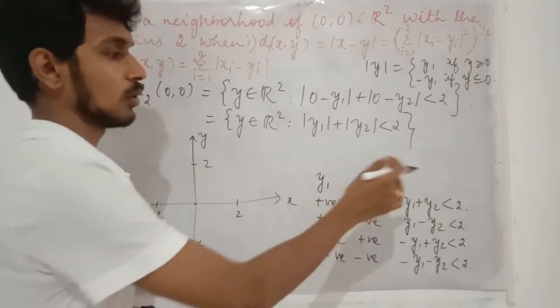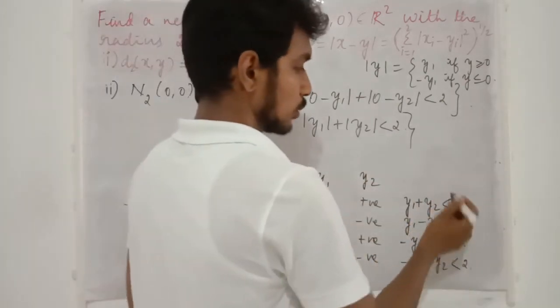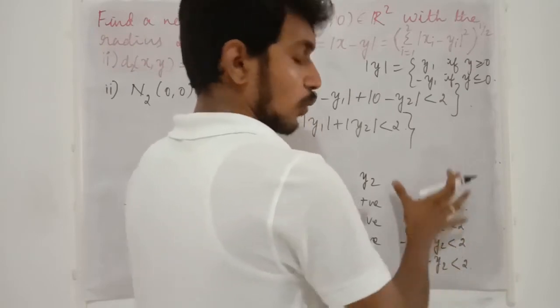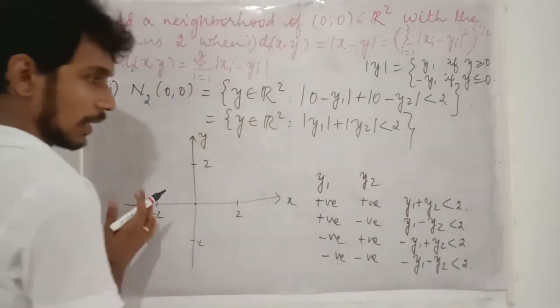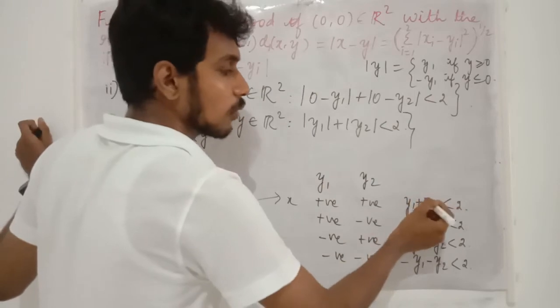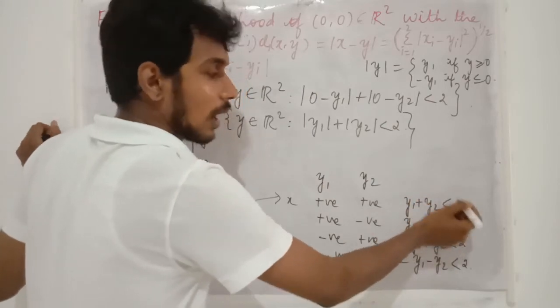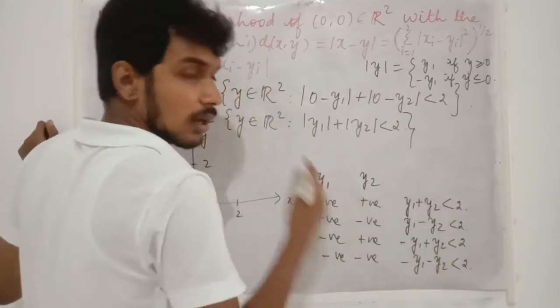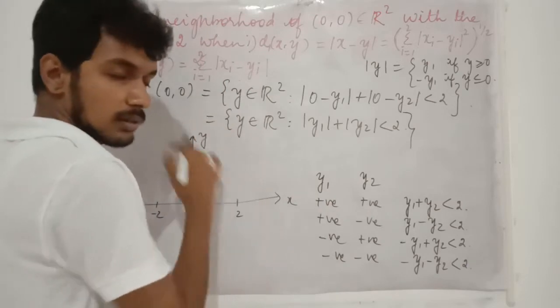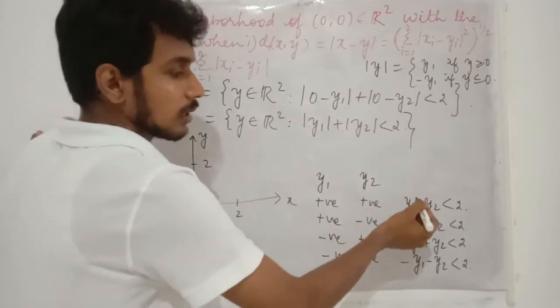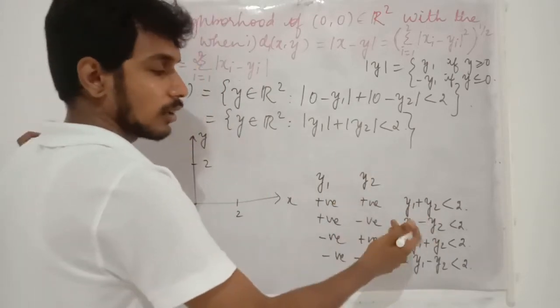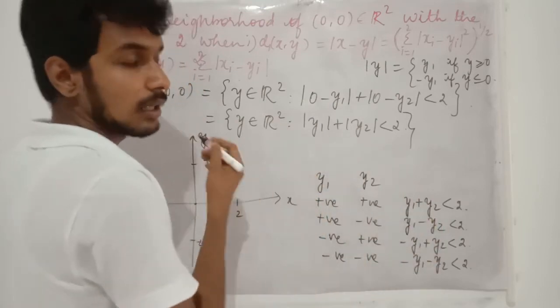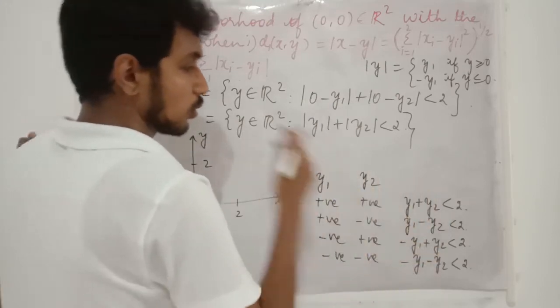y1 plus y2 is less than 2. In order to find what are all these on the plane, you can consider y1 plus y2 equals 2 and find the line on the plane, because these are all linear and this is going to represent a line on the plane. y1 plus y2 equals 2.